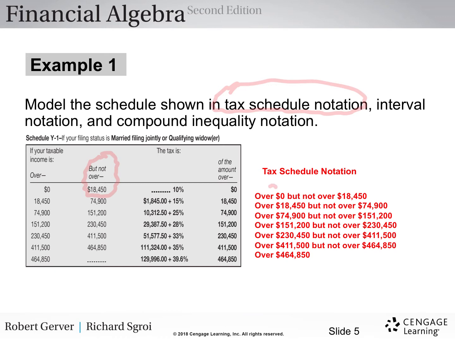If we move down to this row right here, we would see that it says over $230,450, but not over $411,500. So these are the two amounts here, over this, but not over this.